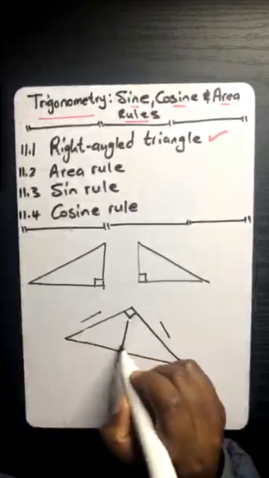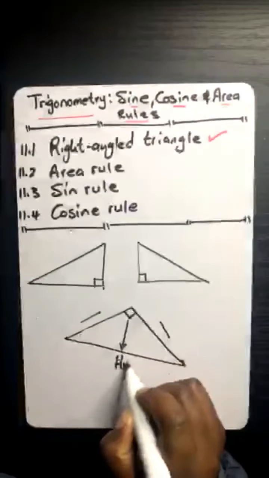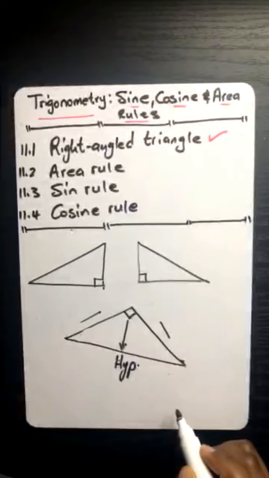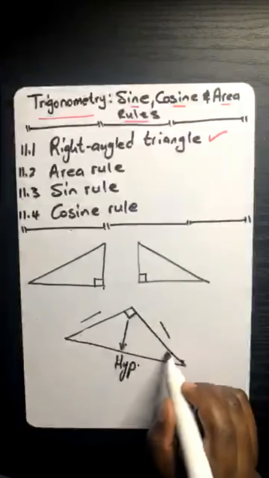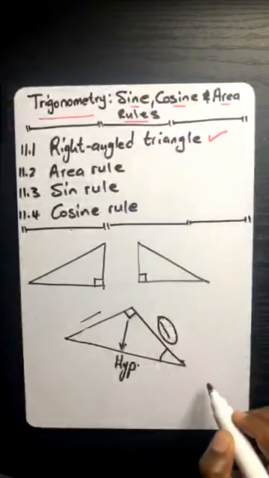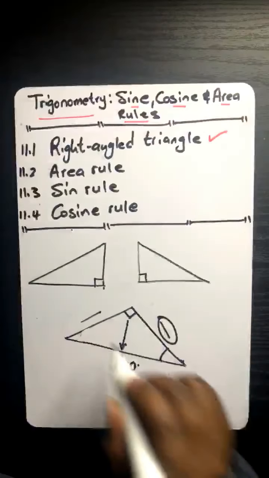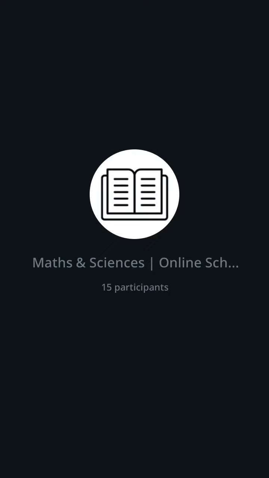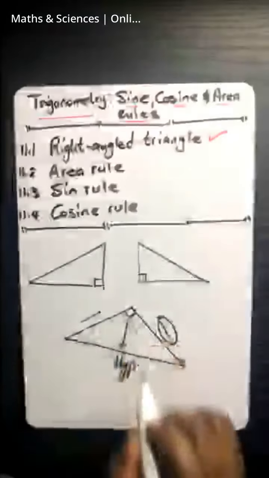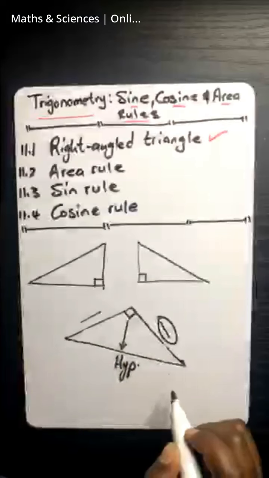You can only tell that this one is hypotenuse, but you must wait until they give you an angle. If they say the angle is that one, then automatically it makes this side adjacent and that opposite. But if they talk about that angle, automatically it makes that side adjacent.